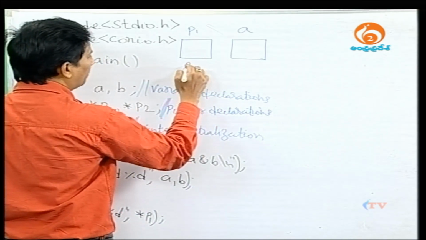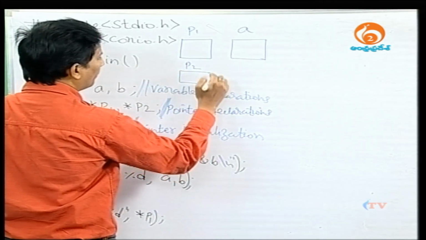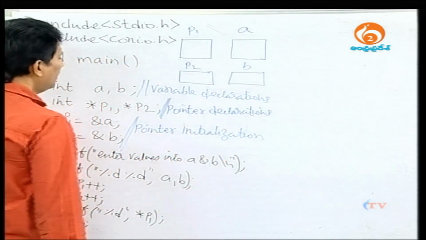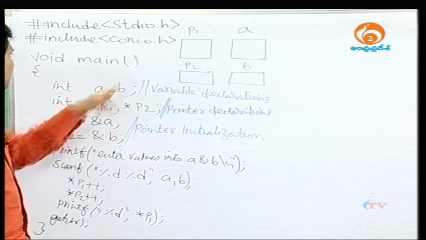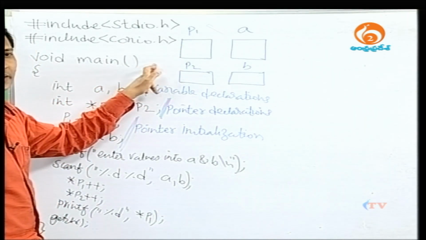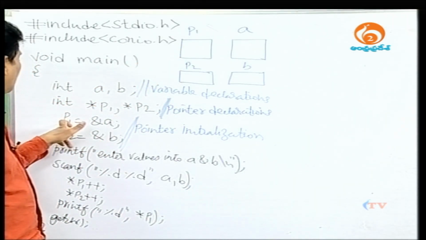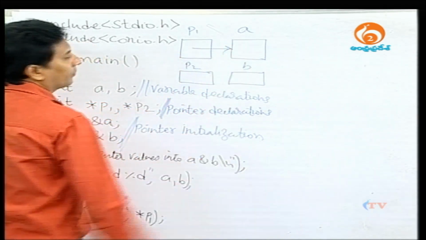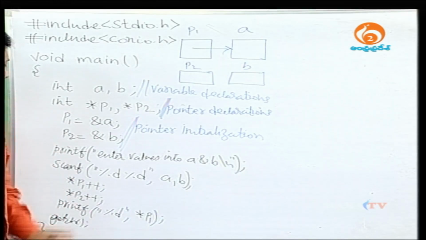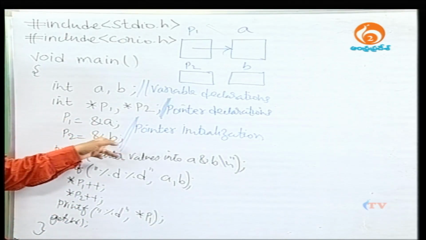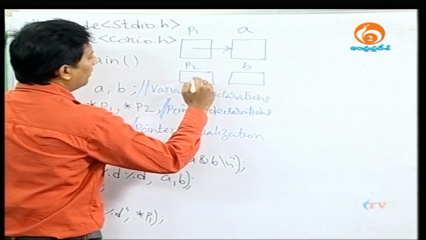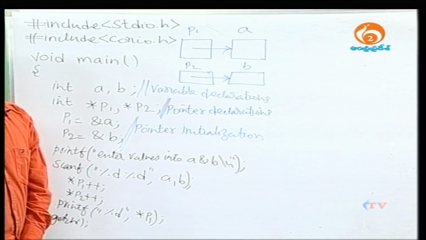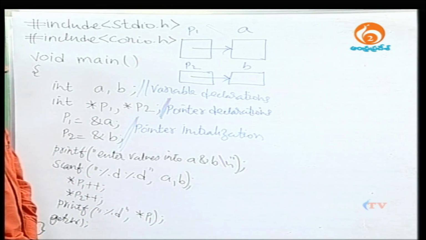Next, P2 and B. First A and B are created. Next star P1 and star P2 are created. P1 equal to ampersand of A means it points to A. Next, P2 equal to ampersand B means P2 points to B.